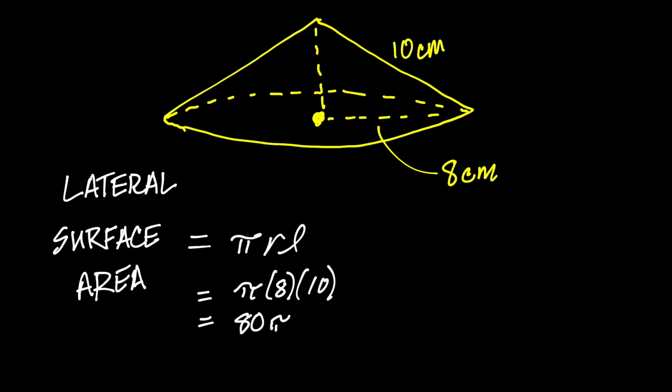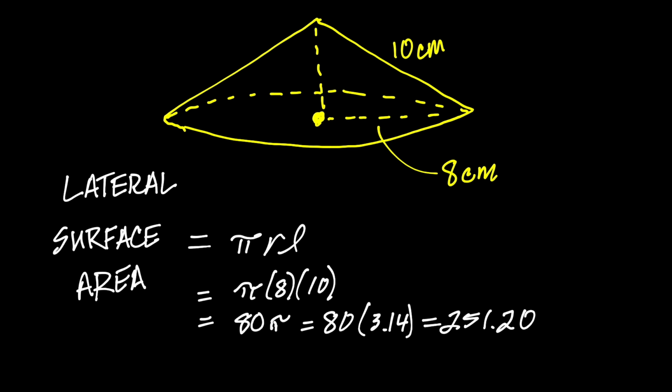So 80 pi. Now, if we wanted to, we could go ahead and substitute 3.14, as we often do, for pi. And what that becomes is, let's see, my calculator says 251.2. This is definitely a calculator problem. You're in high school algebra, so we know that you know how to do multiplication.